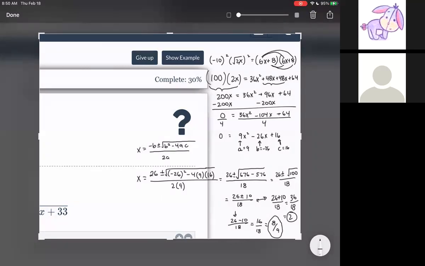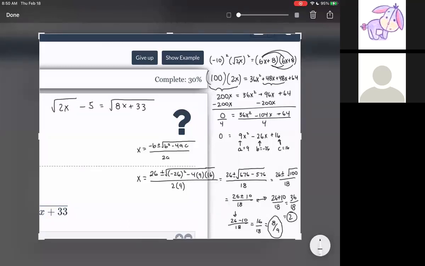All right, so now, like I said, we're going to plug it into our original problem. So let me remember what our original problem was, and so I can write it out again. So our original problem was square root of 2x minus 5 on the outside is equal to square root of 8x plus 33.